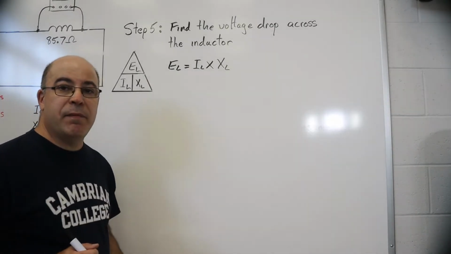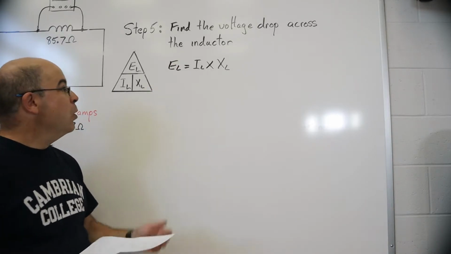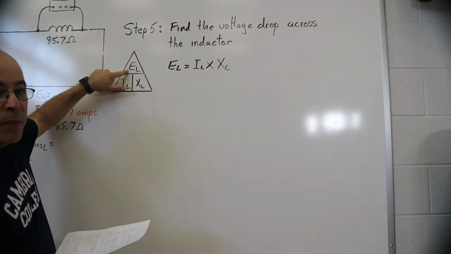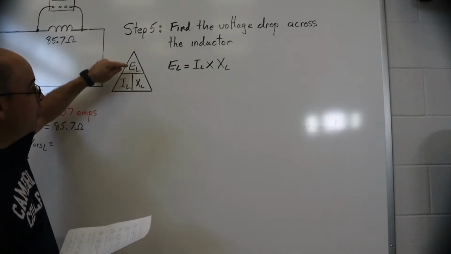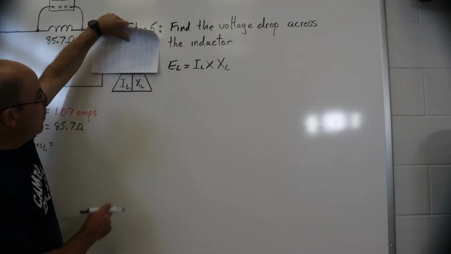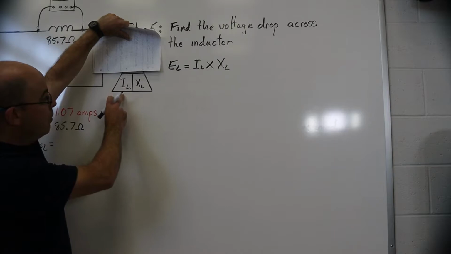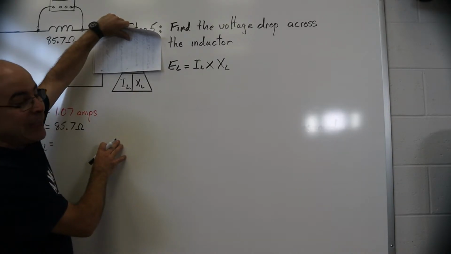We're moving on to step 5, finding the voltage drop across the inductor. We're still using Ohm's law. The only thing that has changed is the subscript, that right now we're looking at E sub L, meaning the voltage drop across the inductor, and if we look at it, we're hiding this. It's going to be the current across the inductor multiplied by the value of inductive reactance.